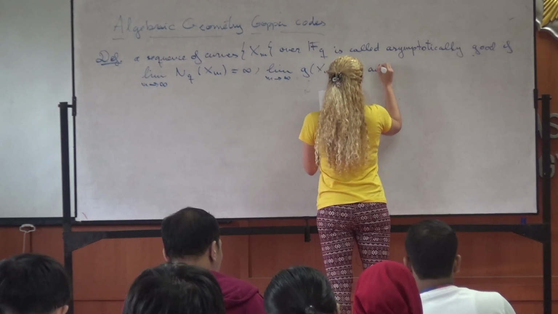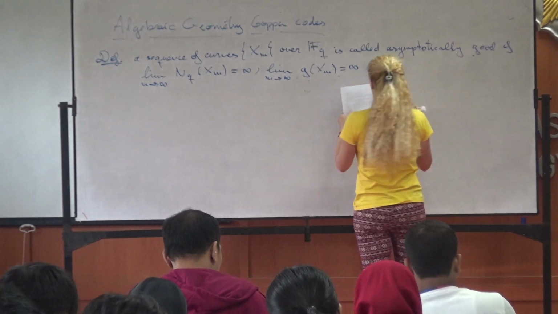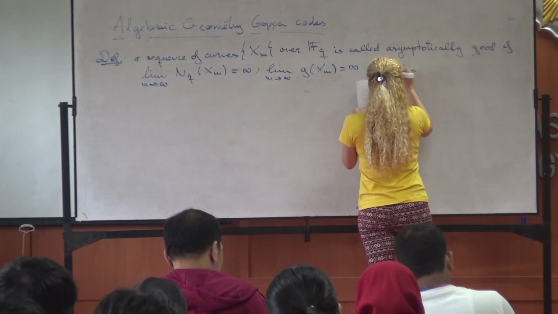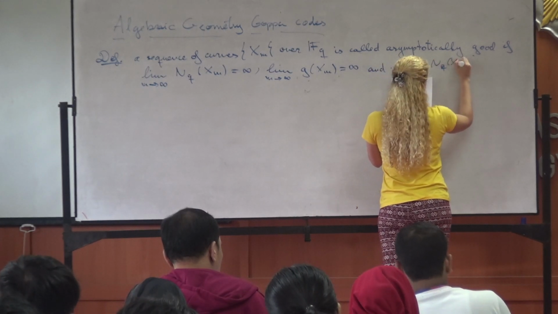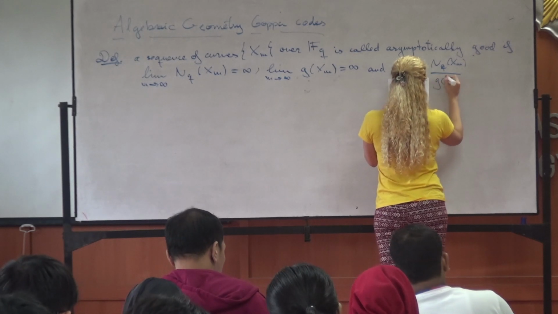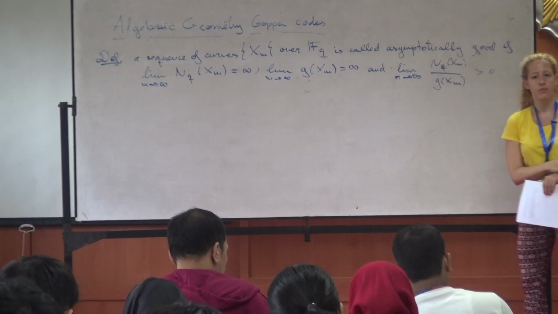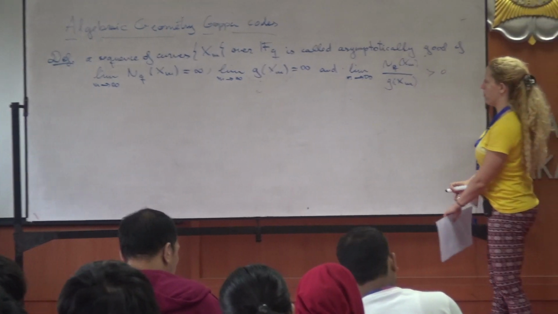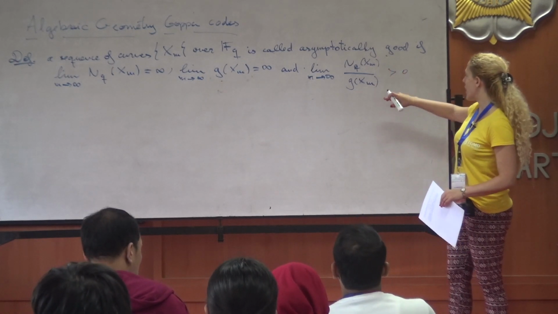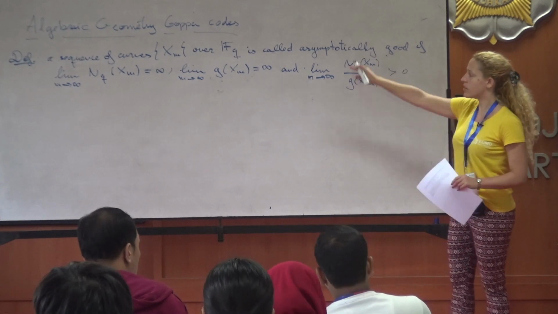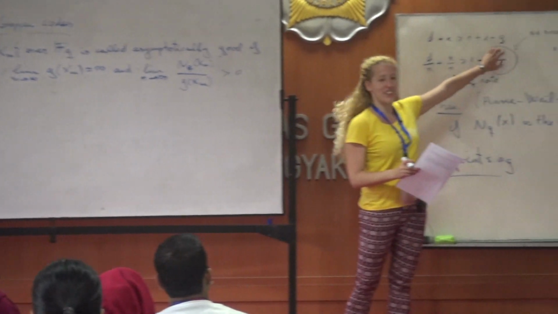And what we want is that in proportion, the number of points is bigger than the genus, such that the limit, when m goes to infinity, of the number of points divided by the genus exists and is positive. Okay? So if you find a sequence of curves with this property, you get what is called an asymptotically good sequence of curves. This quotient being positive is basically for having this control.